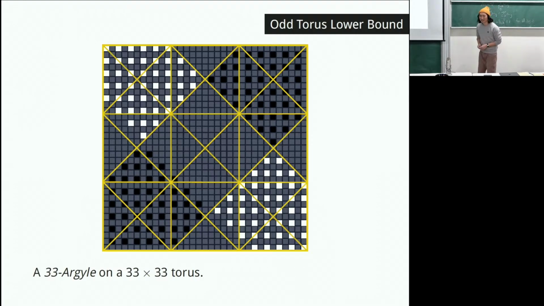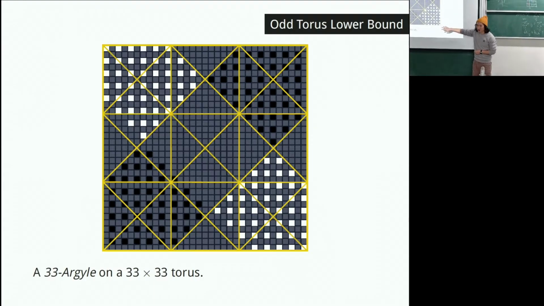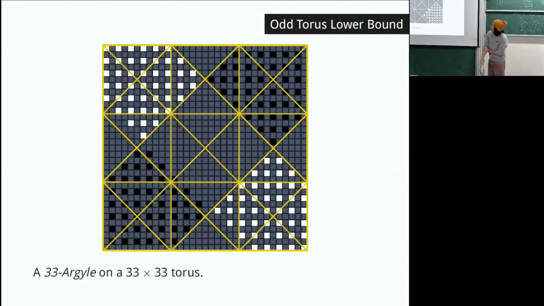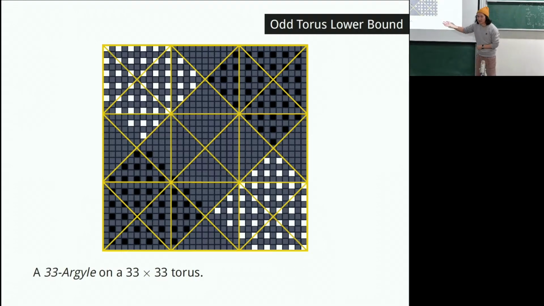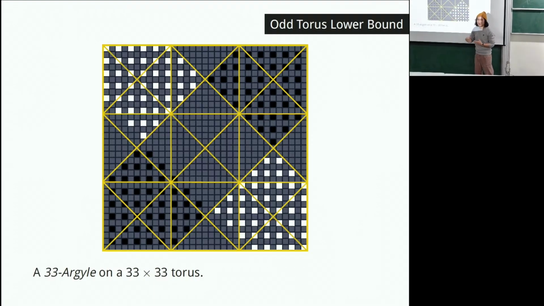So maybe I'll just say it instead of writing stuff on the board, right? Again, it's useful to think of this as a continuous problem. We split up this board into 36 triangles here. All of these triangles are congruent. And you can check the density that's covered by white and by black, right? Up to a linear error in n, the white queens cover, so how many triangles do they intersect? 1, 2, 3, 4, 5, 6, and 6 on that side, so that's 12.